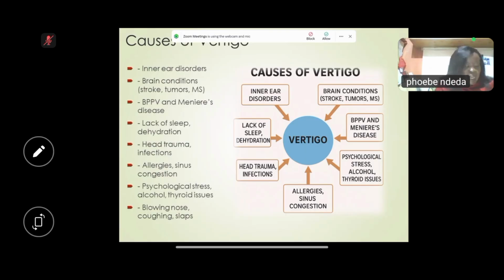Then we also have things like allergies and sinus congestion. Having an allergy can trigger vertigo. Why? Because when you're having an allergy, maybe from dust, you feel as if you want to scratch your throat, or you want to scratch your ears, and you don't know how.